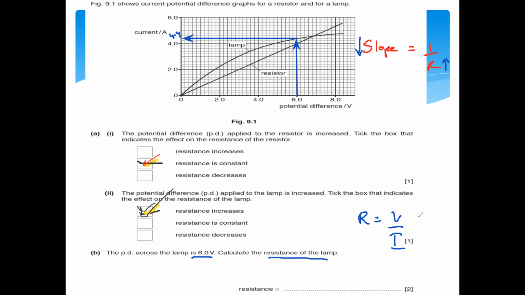We have the voltage across the lamp, which is 6, and the current passing through the lamp, which is 4.4. So 6 divided by 4.4, voltage divided by current, will give us the resistance. So 6 by 4.4 is equal to 1.36 ohms.